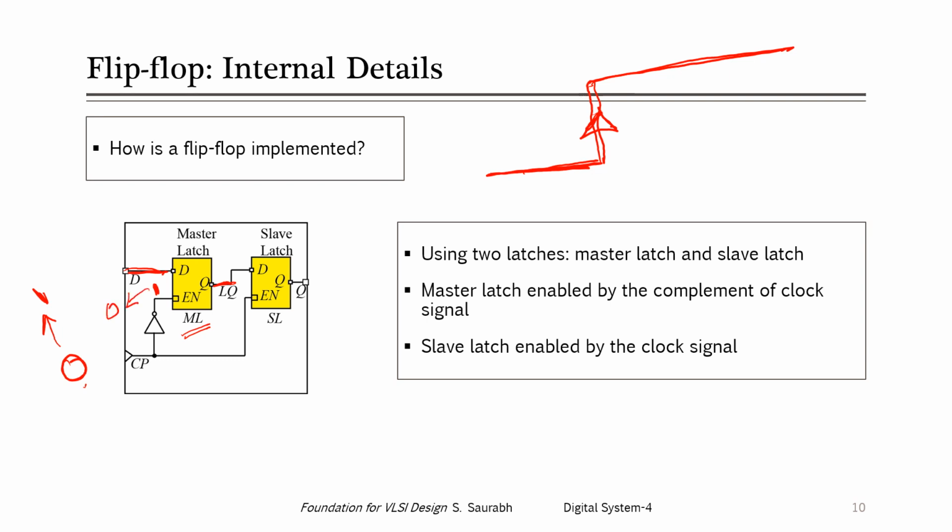Now the master latch gets latched, so the value at the Q pin will not change. Whatever was written will be available at the Q pin, but its value will not change because the value at the enable pin is 0. It has gone from 1 to 0. So now the master latch is no more transparent. Whatever the last value was produced at the Q pin, it will remain stable.